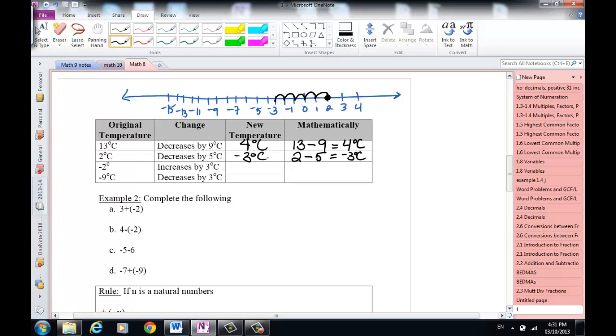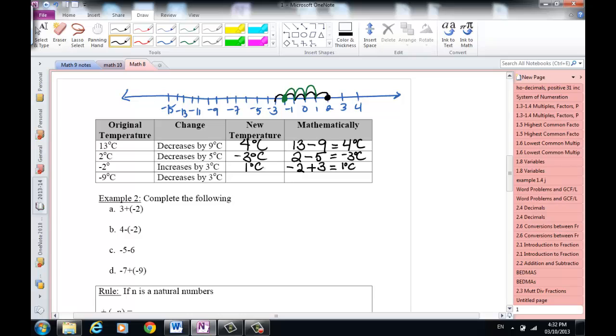We start off at -2 and we increase by 3 degrees Celsius. So mathematically we start at -2, we increase, which is why we have a plus there, by 3. And if you don't see it right away, you're welcome to go up to the number line and say, okay, well I started at -2, which is right there. I went up 1, 2, 3, so I'm at 1 degree Celsius.